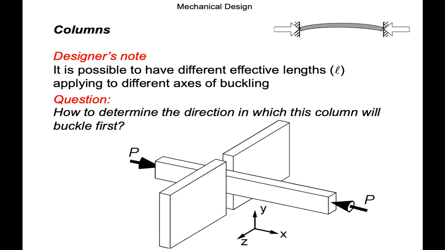A question like this in an exam setting, without any further information, the best you could do is what I've just talked about. You cannot with certainty state that this is going to fail first or that that's going to fail first, because there's conflicting issues at play.